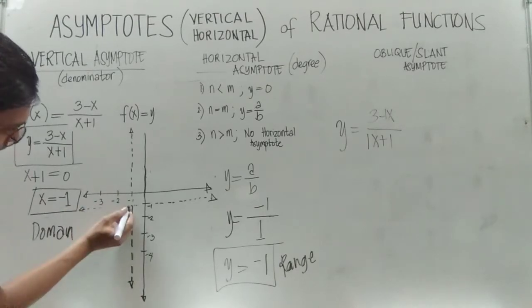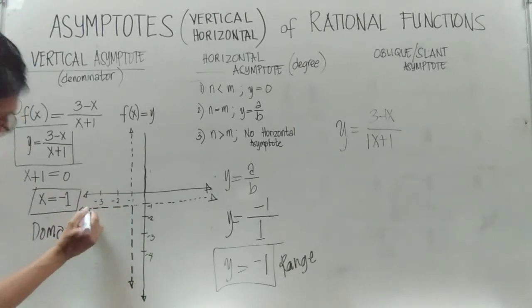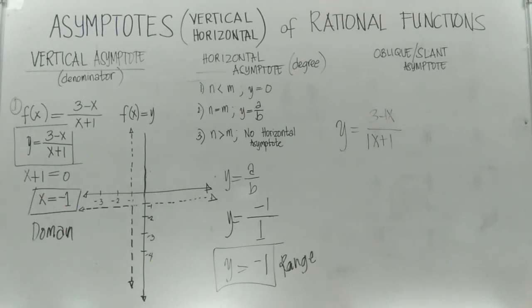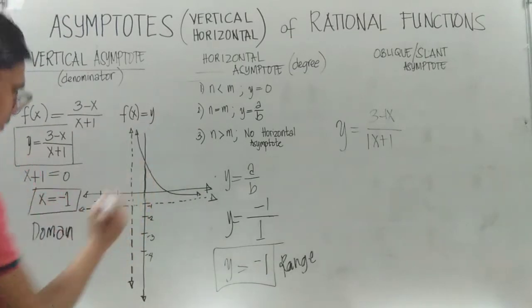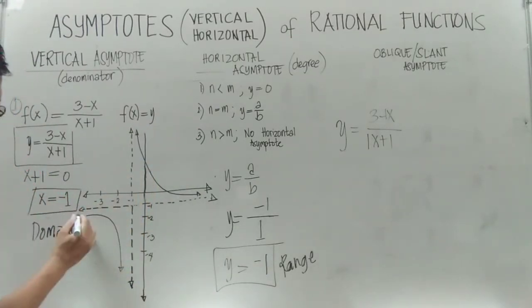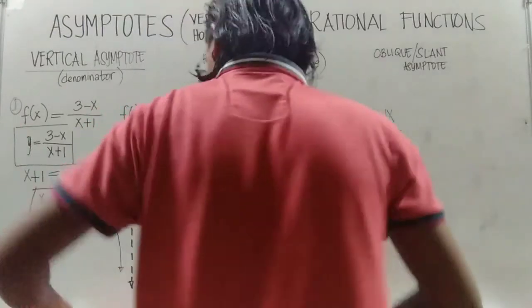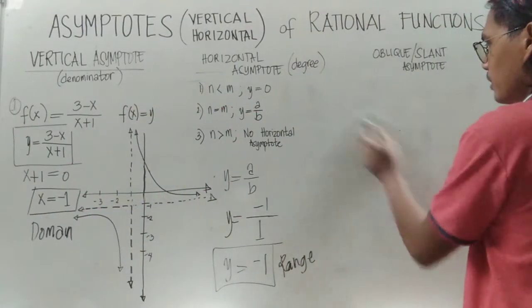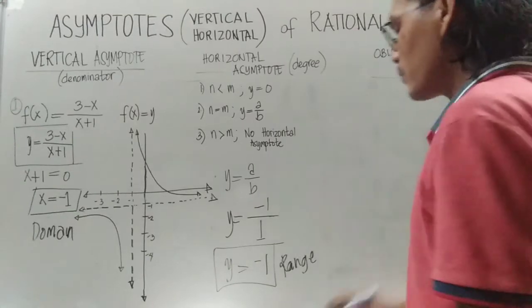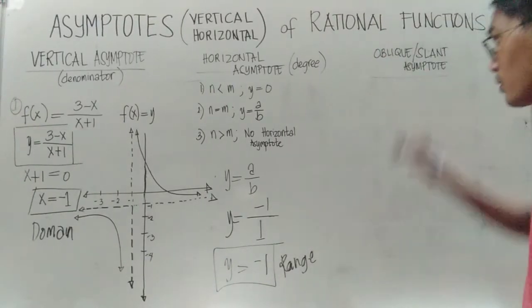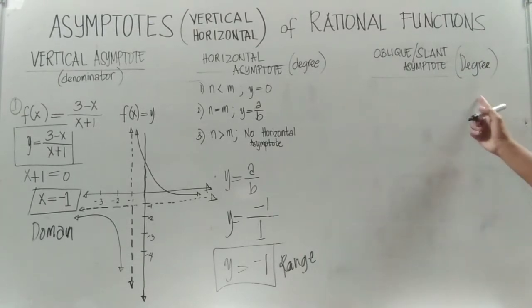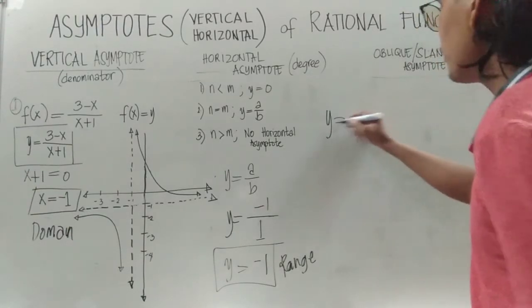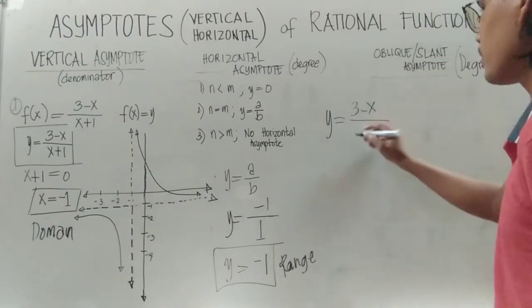So the graph will look like this. Now, if you are asking about oblique asymptotes, our hint here is also the degree, checking the degree of the numerator and the denominator.